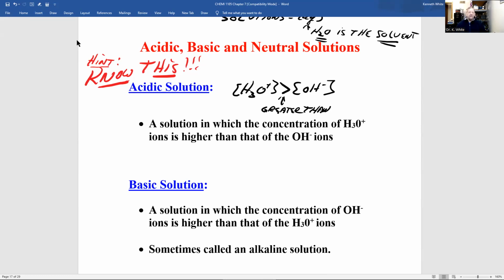So if you have the hydronium concentration larger than the hydroxide, it's acidic. Some of you probably know your stomach has acid and water in it. It's acidic because the H3O plus concentration is greater than hydroxide.